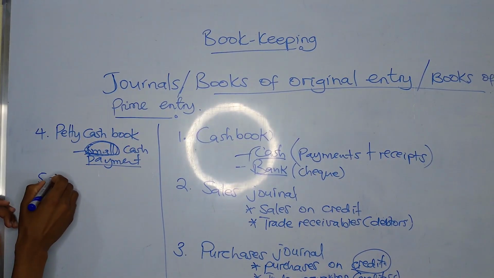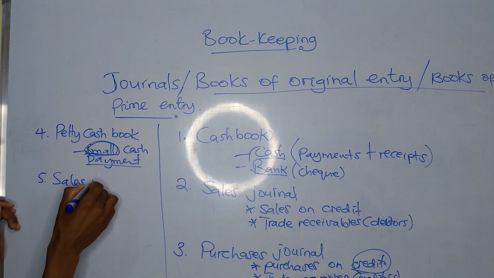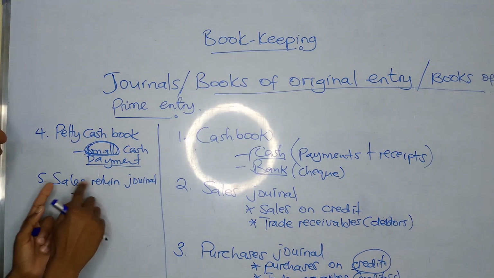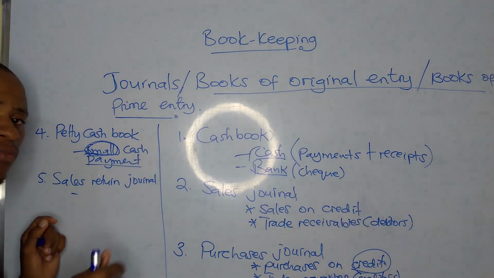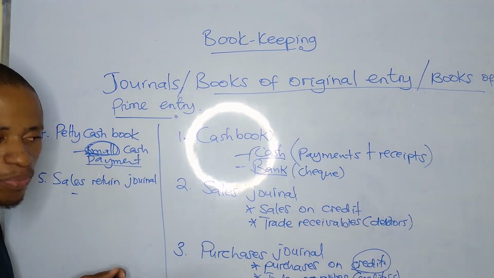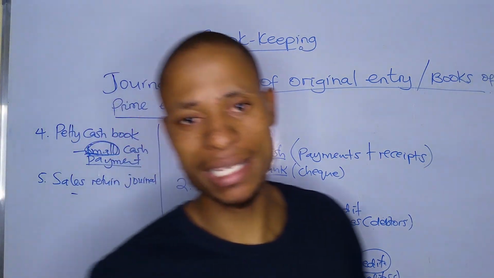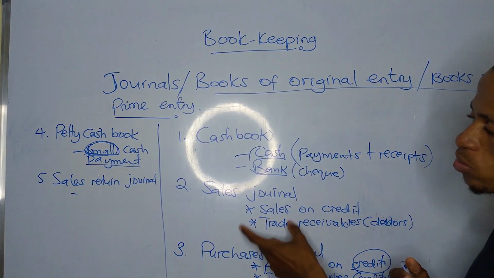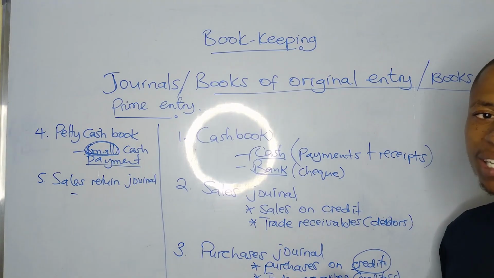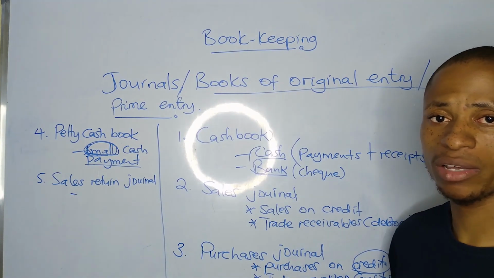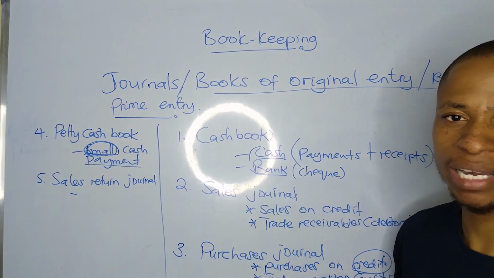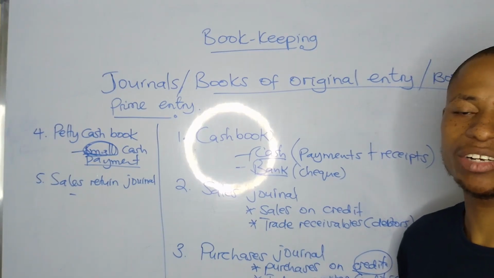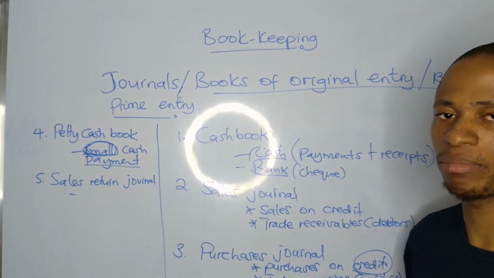Another journal is the sales return journal. If the business is selling goods to customers, at some point, for other reasons, whether the goods have been damaged, have expired, or wrong orders were made, the customers can decide to return the goods back to the business.